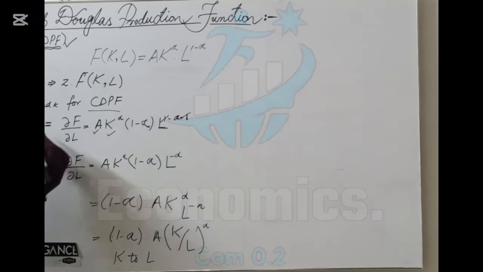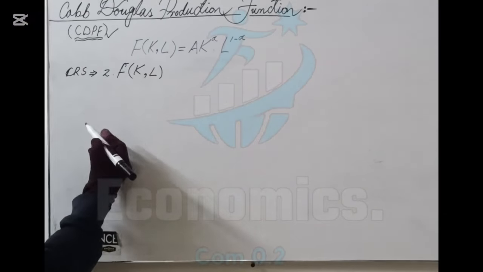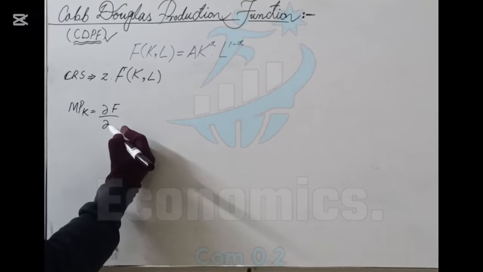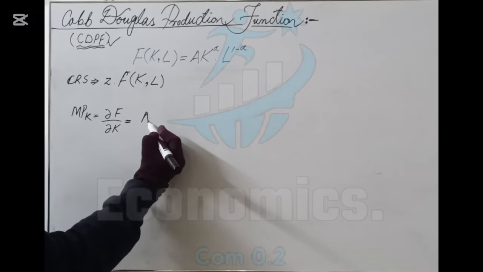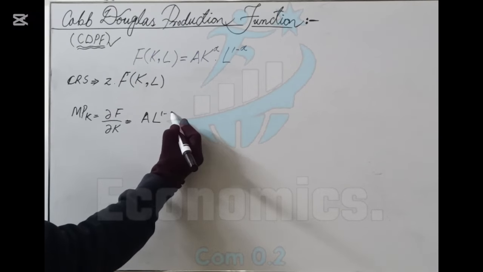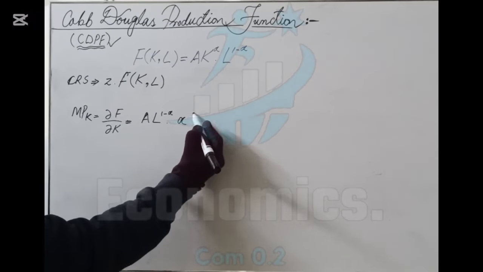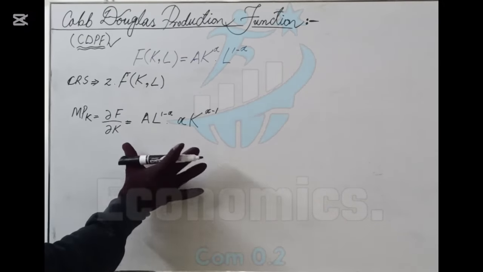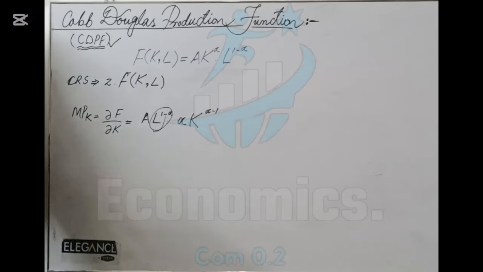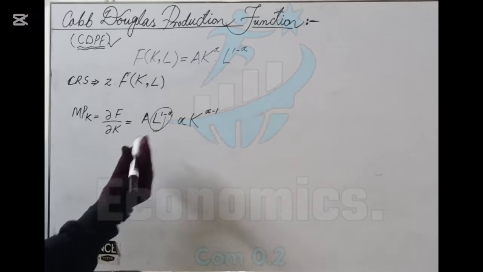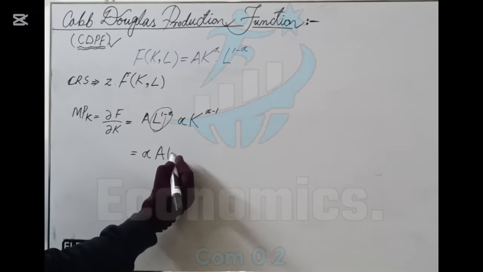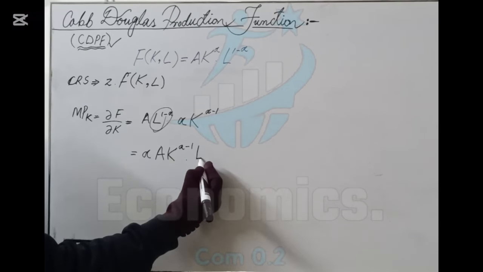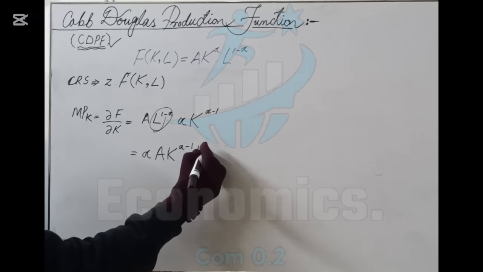Let's calculate the marginal productivity of capital, which is del F over del K. Just like before, the L part doesn't affect it. The exponent alpha comes down, giving alpha A times K raised to the exponent alpha minus 1, times L to the 1 minus alpha.